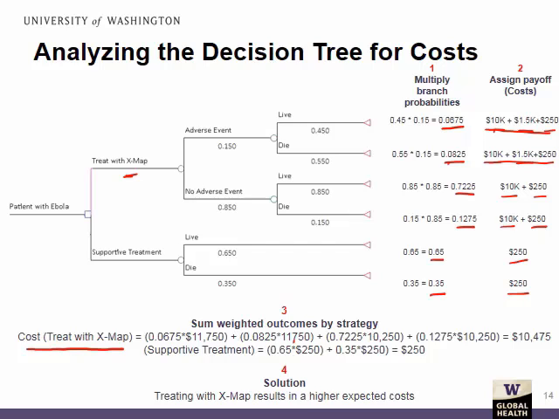And the expected value of the XMAP is $10,475 on average. And for supportive treatment, it's $250. So that's how you calculate the cost side. So the solution is that treating with XMAP results in a higher expected cost.